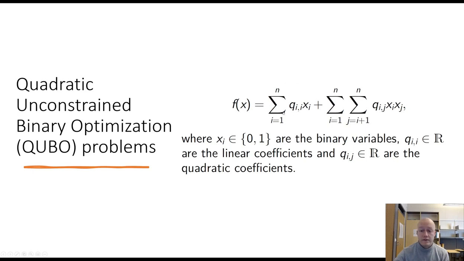These linear terms have real valued coefficients, and the quadratic terms as well. And the variables are binary variables, so in this case, they are either 0 or 1. Basically these quadratic terms, these couplers in this latter part here, are used to encode interactions between the elements that these variables are describing.